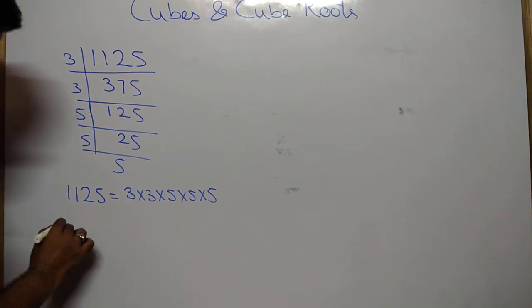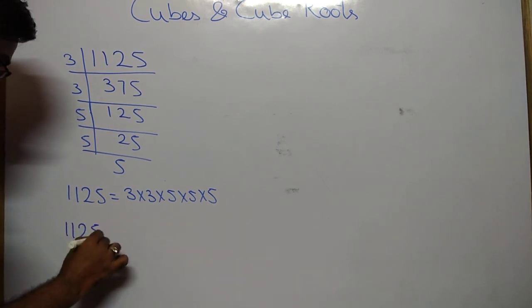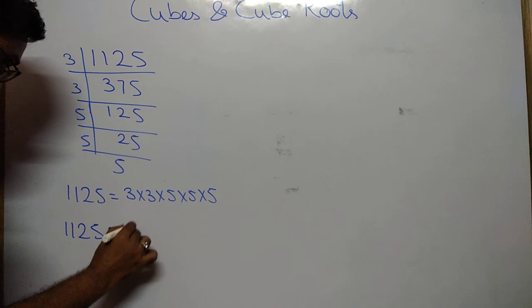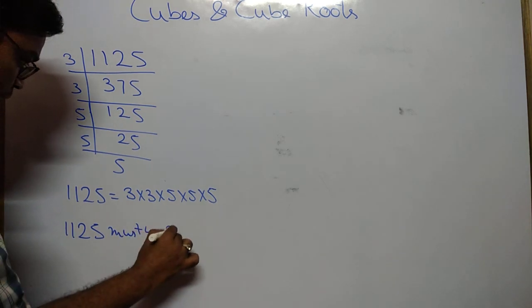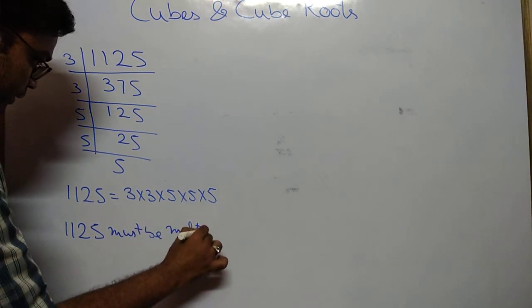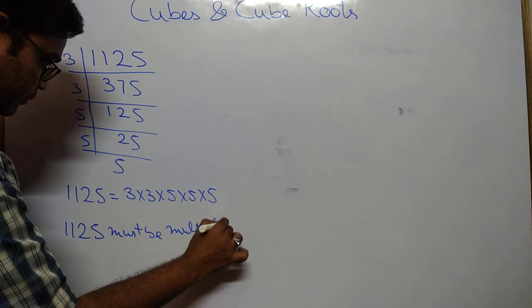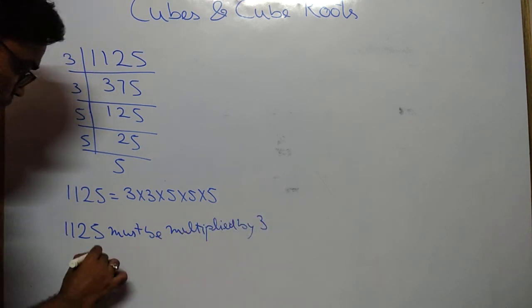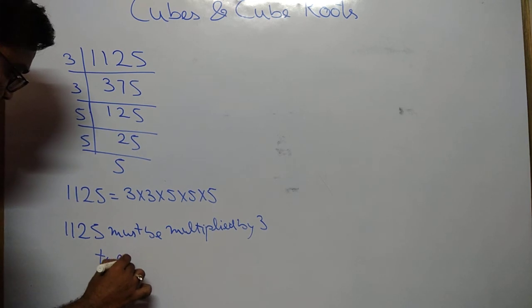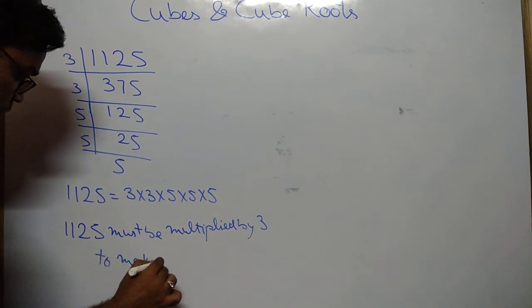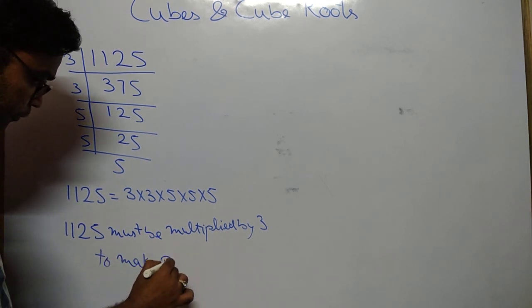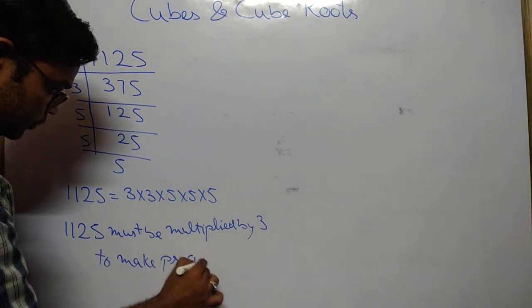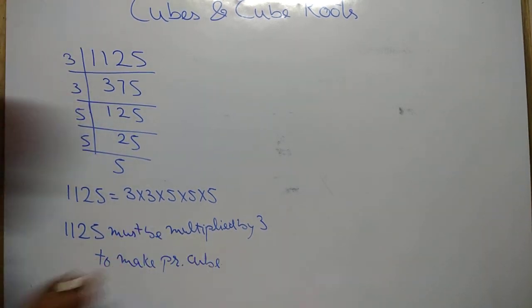So we can write that 1125 must be multiplied by 3 to make a perfect cube.